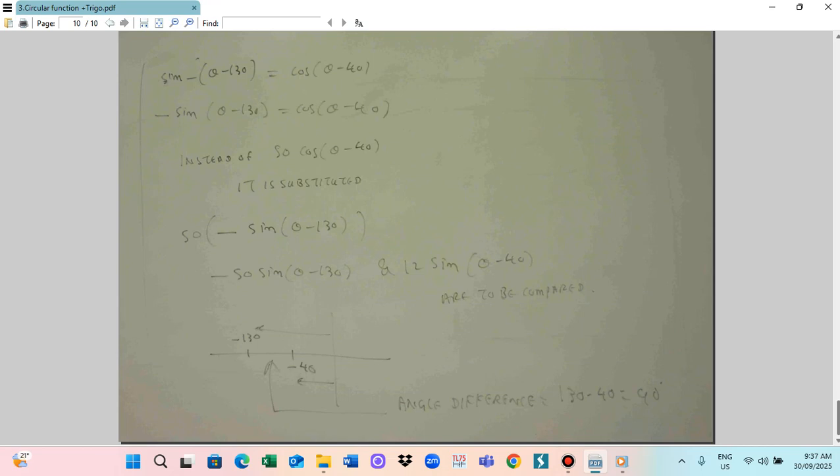This angle is theta minus 130, and this is theta minus 40. So the angle difference is 130 minus 40, which is 90 degrees.